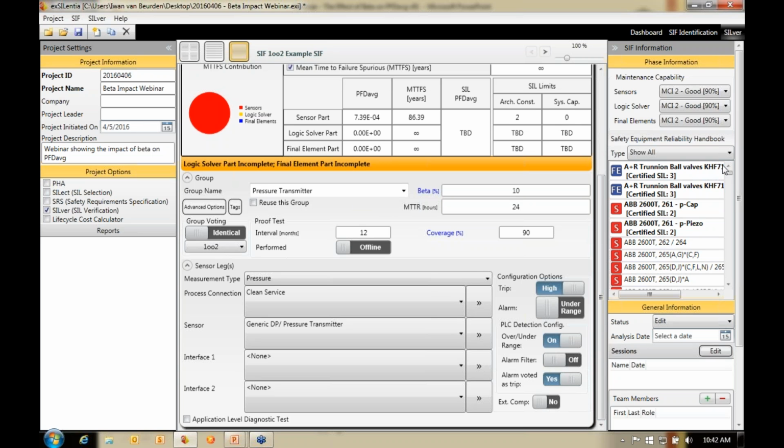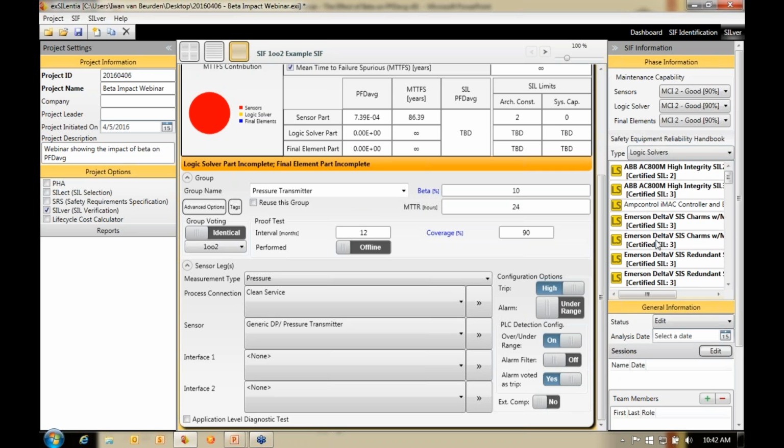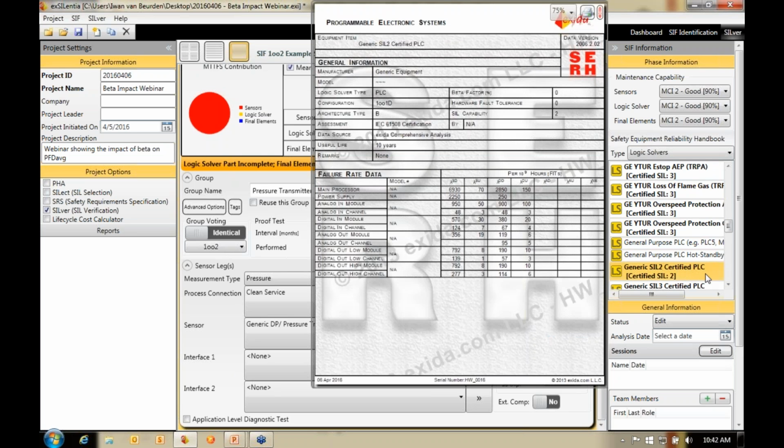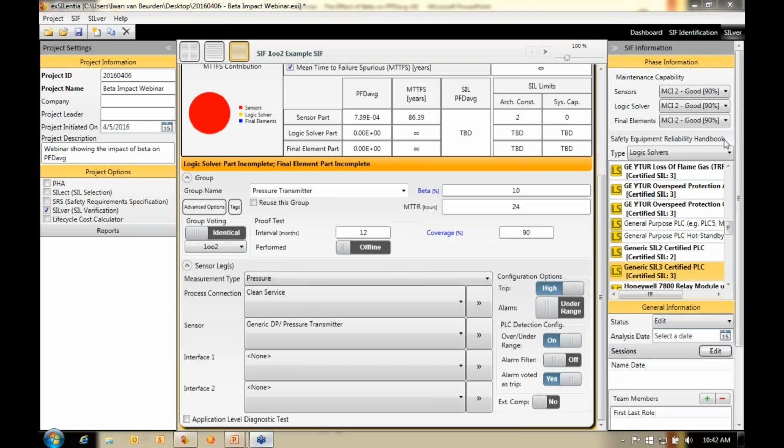When it comes to the logic solvers, let's see, I can't remember if the data sheets show this. Okay, so let's go to a redundant, generic SIL3 certified PLC.